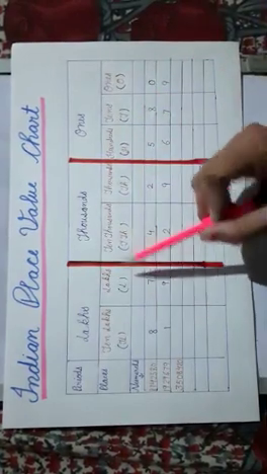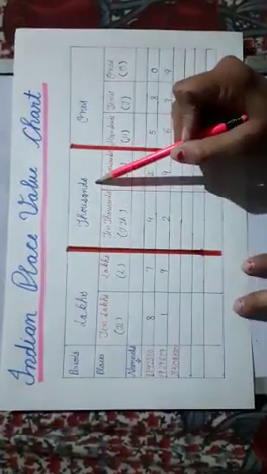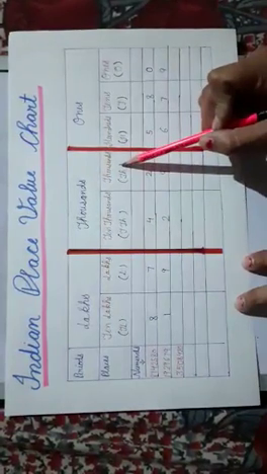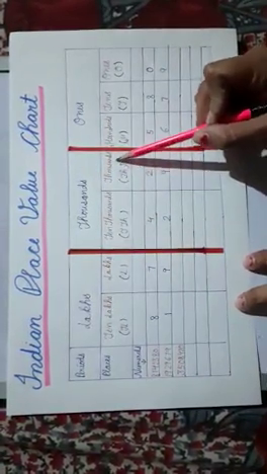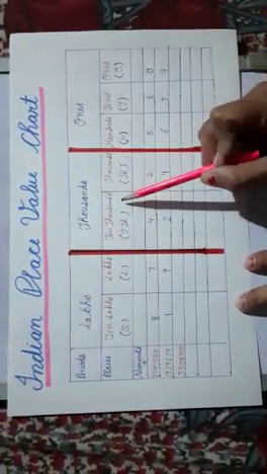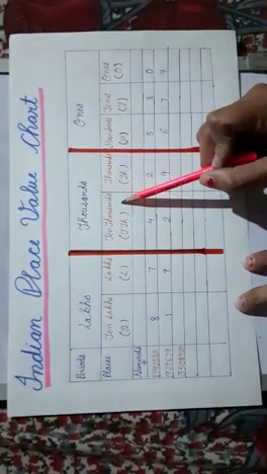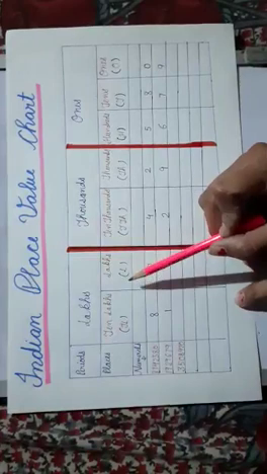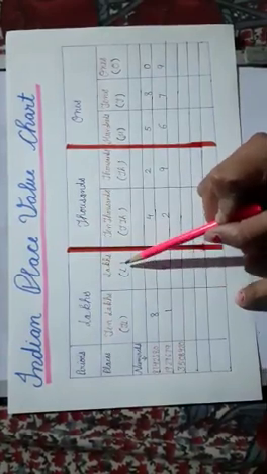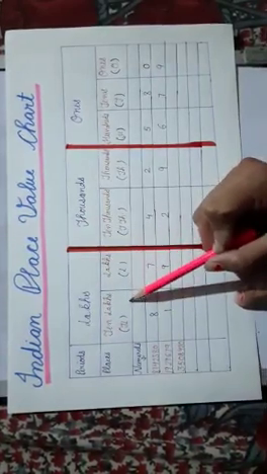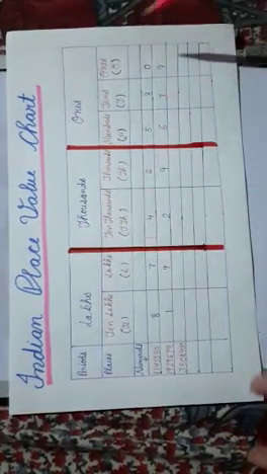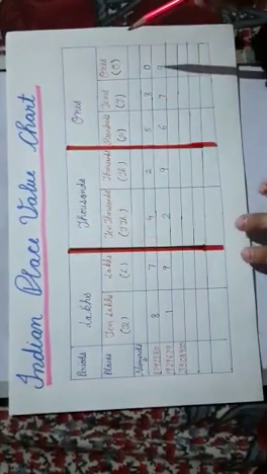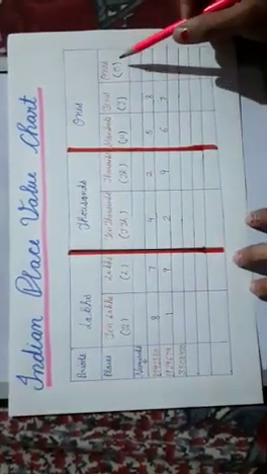Our next period is the thousands period and it is divided into 2 places. First is thousands place, second is 10,000s place. Our next period is divided into 2 places. First is lakhs, second is 10 lakhs. And here we have some symbols which represent each place in short form.